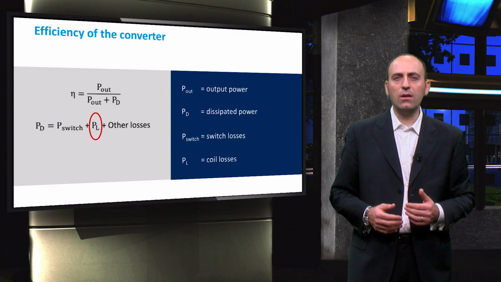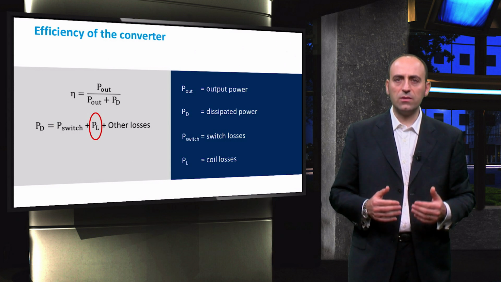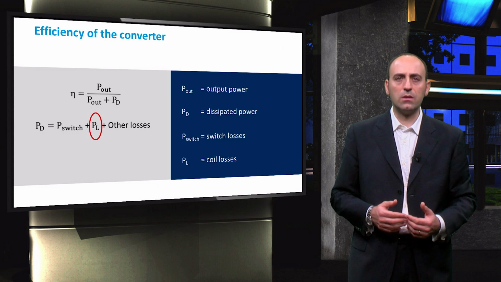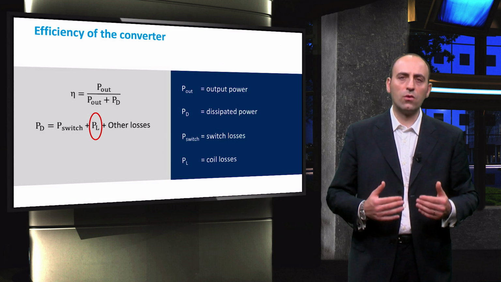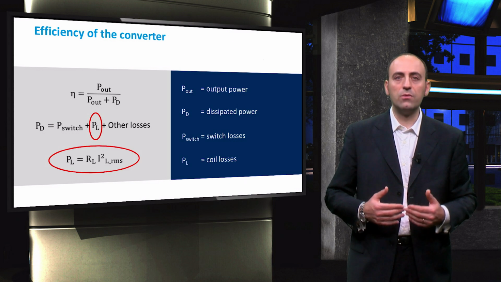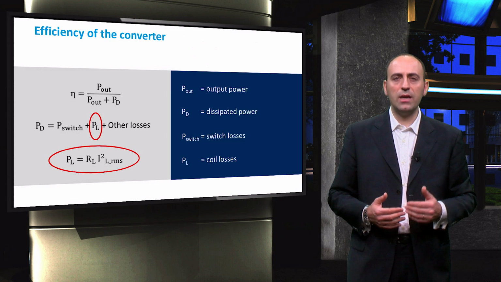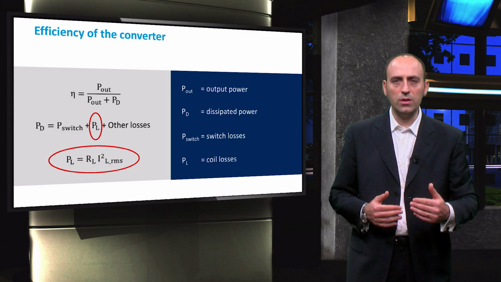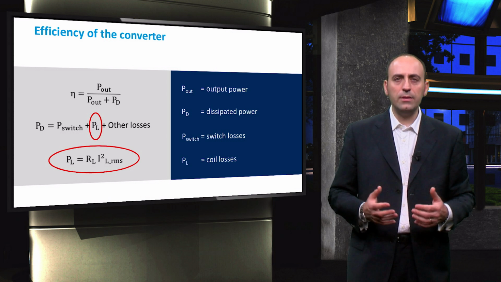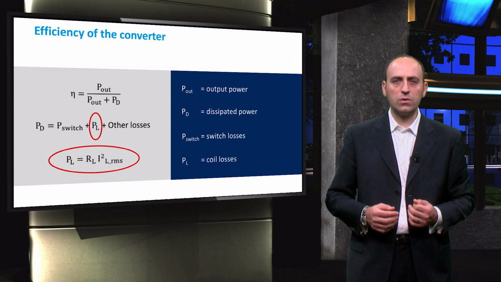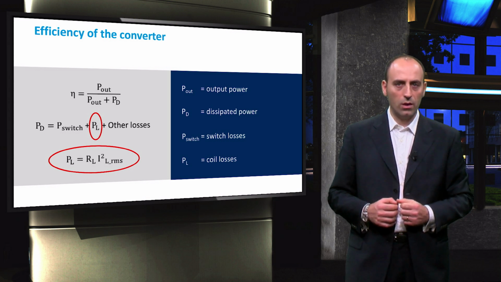Then the coil loss is related to the fact that the switches are working at high frequencies, so there is also a loss inside the coil that is given by the resistance of the coil times the RMS value of the current through it to the second power. This is a tweaked version of the Joule losses within the metallic spire of the coil.